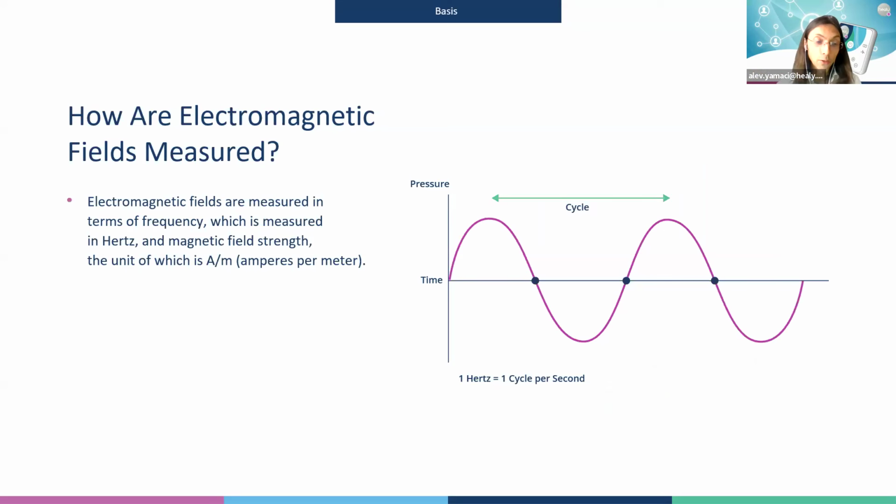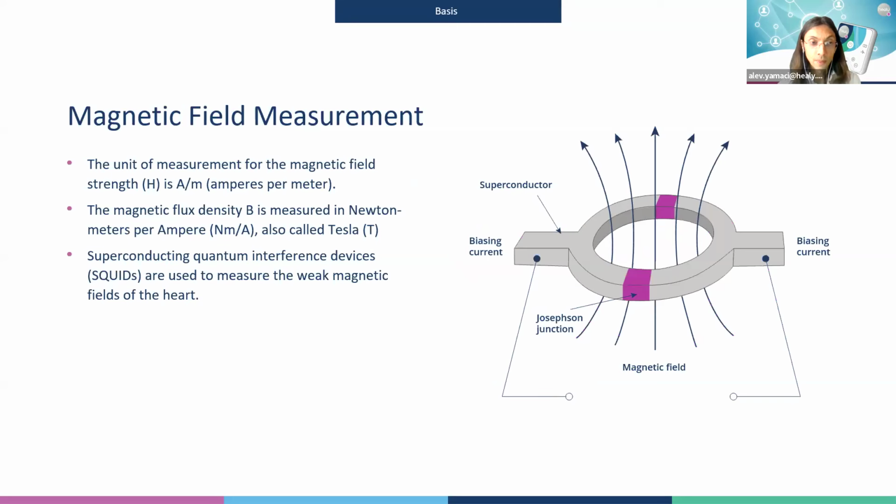Of course, as we already had, you can measure the frequency of an electromagnetic field in hertz. And you have a unit for how strong the magnetic field is, and that's amperes per meter. Then, of course, there are also measurement devices. For example, in superconducting technology, the SQUID, superconducting quantum interference device, is used to measure very, very weak magnetic fields.